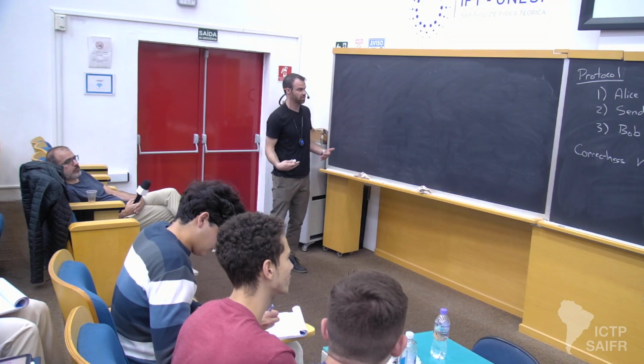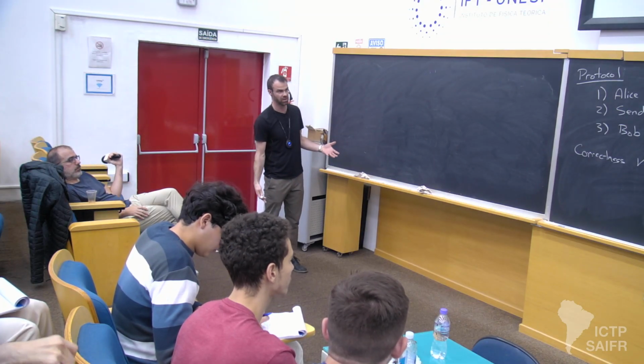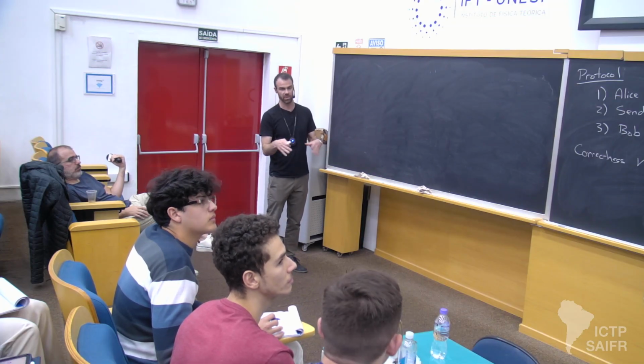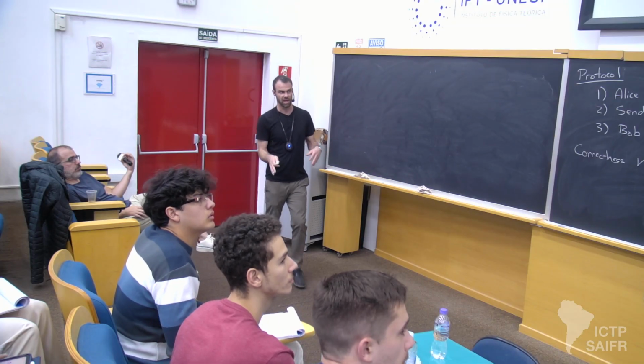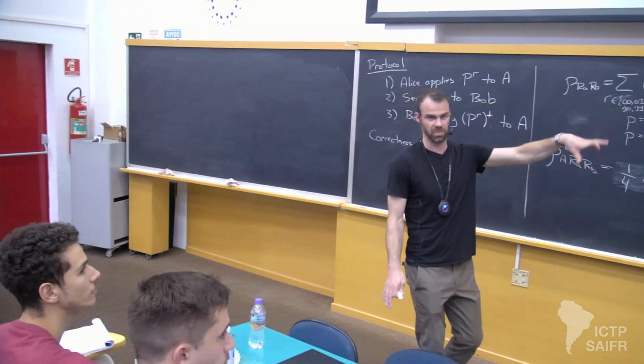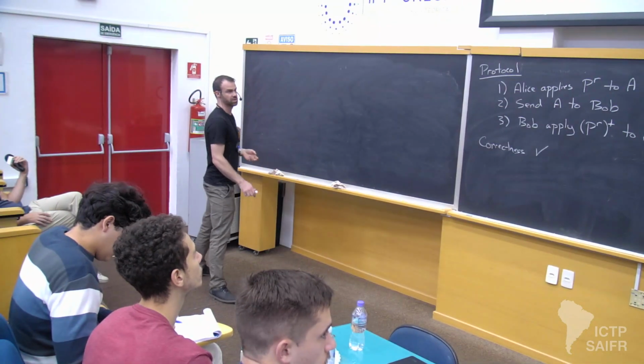We started out motivated by this observation that I could express rho as some linear sum over the Pauli matrices. And now I have another sum over the Pauli matrices. So it seems like a reasonable way to compute this might be to use that expression for rho in terms of the Paulis, right? So let's do that.